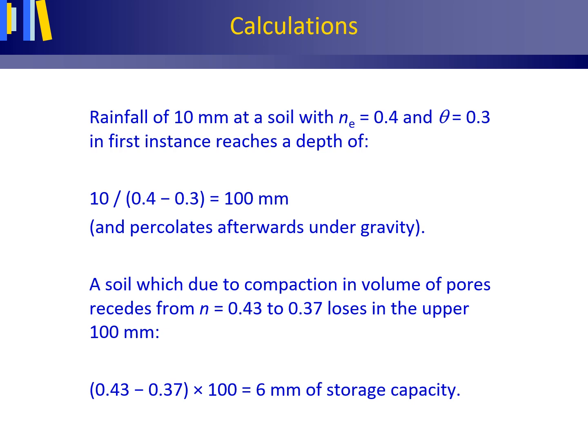Also, with reference to compaction of soils, think for instance of the compaction of polders due to the pumping out of water or otherwise draining of the land. A soil which, due to compaction in volume of pores, recedes from a porosity N from 0.43 to 0.37, loses in the upper 100 mm 0.43 minus 0.37 is 0.06 times the upper 100 mm, is 6 mm of storage capacity.